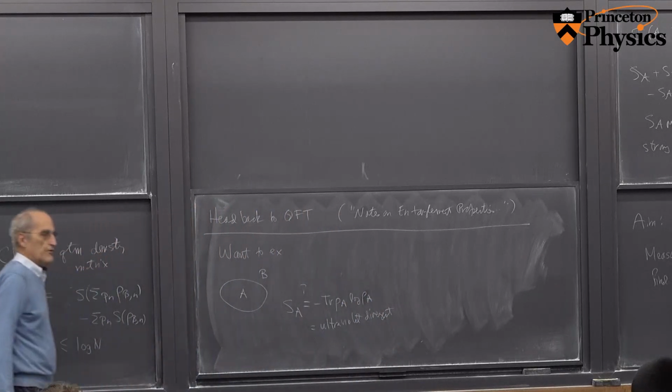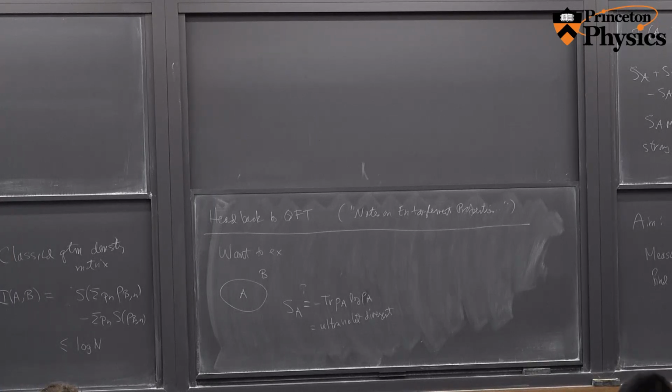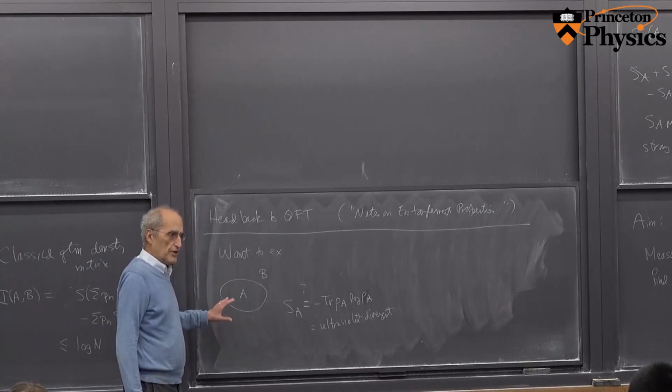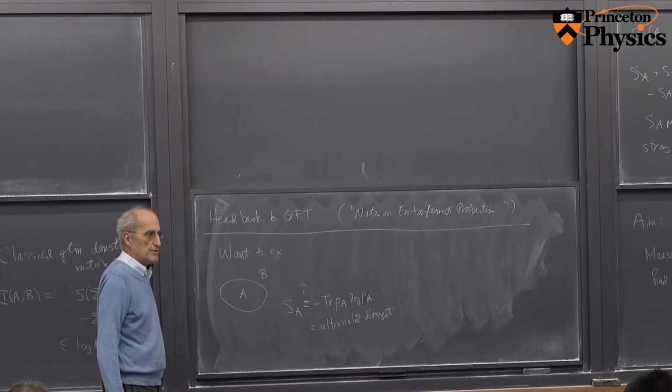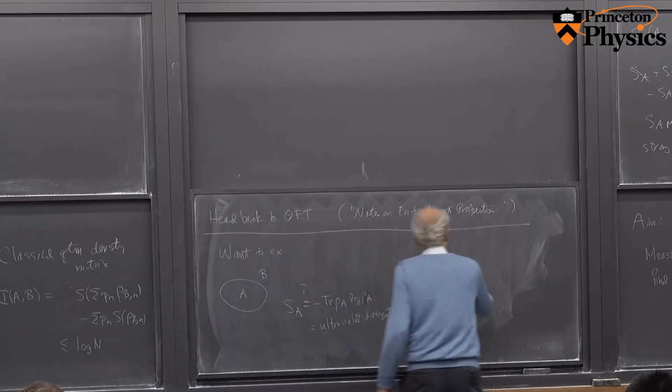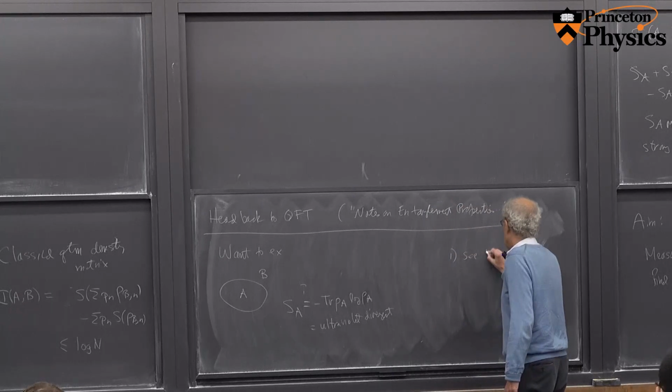We did a special calculation in two-dimensional conformal field theory in one of the Zoom lectures where we computed this ultraviolet divergence. And we're going to study the same ultraviolet divergence today in a different way. But, so one goal is to see the ultraviolet divergence again.